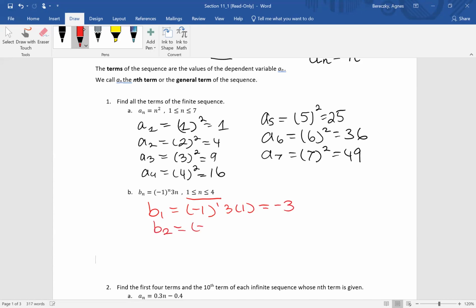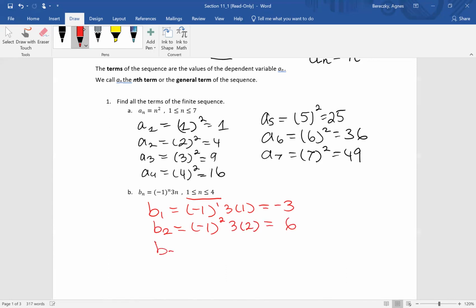B2, plugging in 2 for n: negative 1 to the second power times 3 times 2 will be 6. B3, plugging in 3 for n, negative 1 cubed times 3 times 3 equals negative 9. And lastly, B4, plugging in 4 for n, 3 times 4 is 12.